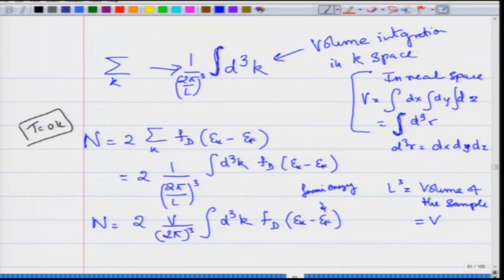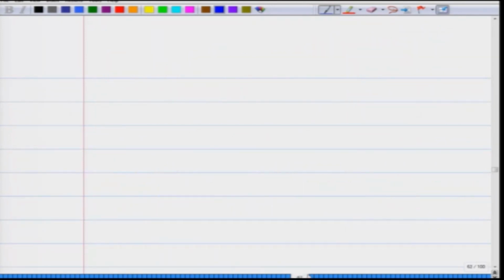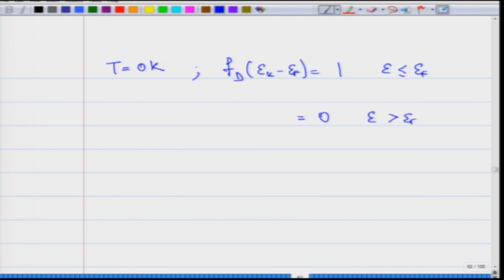Now, since we are doing all our calculations at 0 temperature, T is equal to 0 Kelvin. What does the Fermi Dirac distribution say? The distribution of Ek minus Ef should be equal to 1 for all energies which are less than or equal to Ef, and it is equal to 0 for all energies which are greater than Ef.